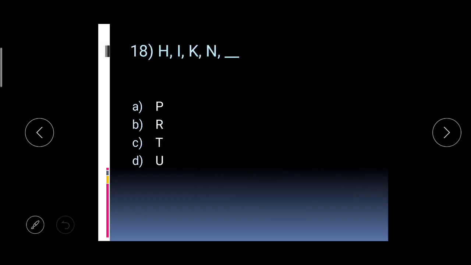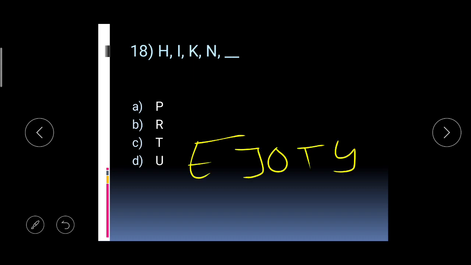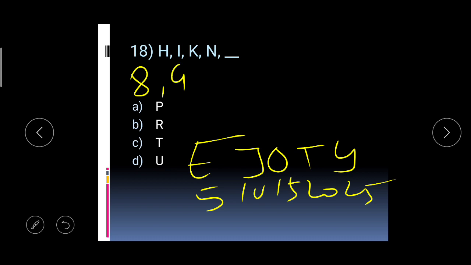Okay, let's move on. H, I, K, N. Again you have to first write the positions. I am just writing EJOTY here for your reference. This is 5, this is 10, this is 15, this is 20 and this is 25. What is H? H is 8. I is 9.